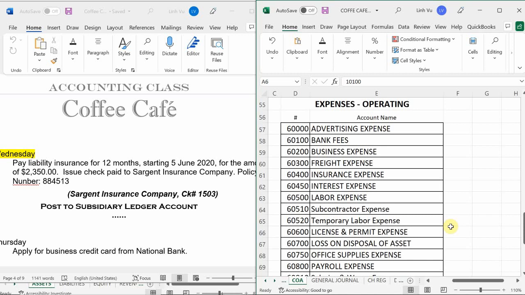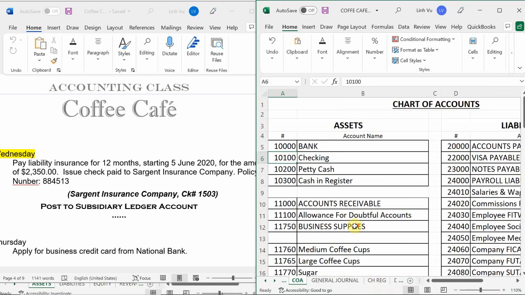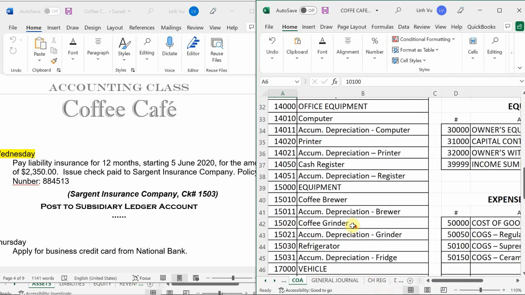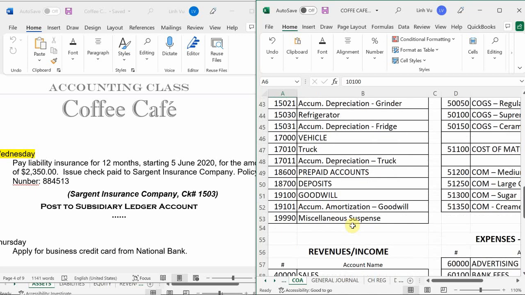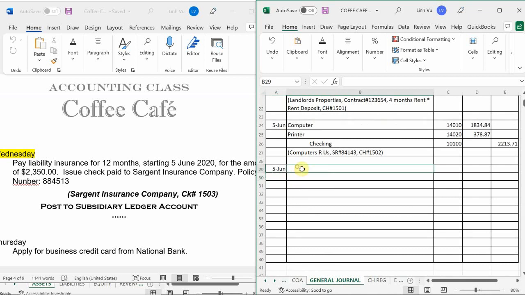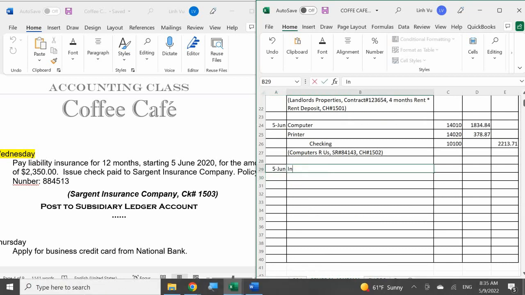How do I record those other 11 months? It would go to prepaid account.